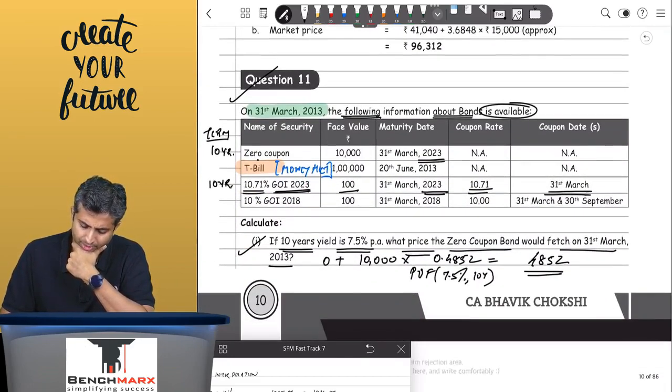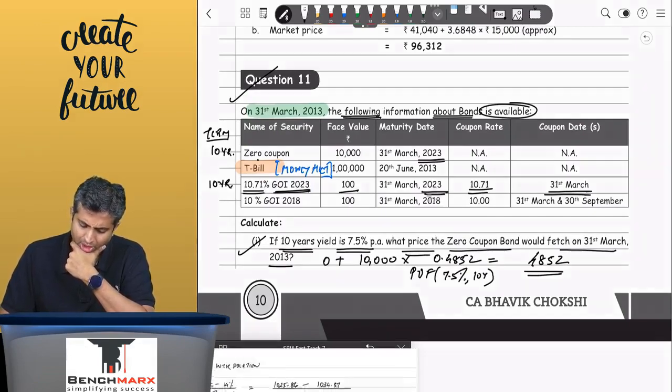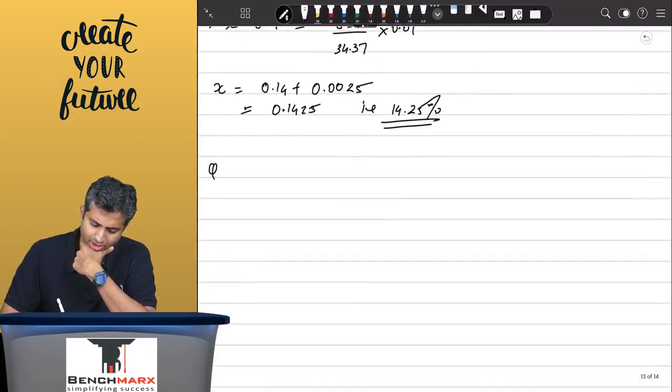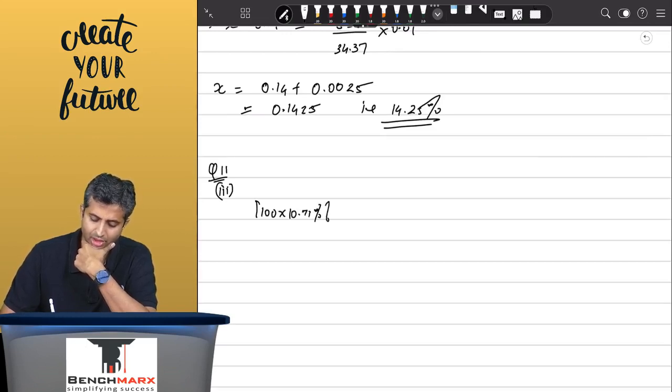So over here, the value of this bond is the present value of future cash flows. So over here, if I look at question number 11, sub point 3, what are the future cash flows? This is 100 into 10.71%. That is 10.71 into the present value annuity factor at the rate of 8%.